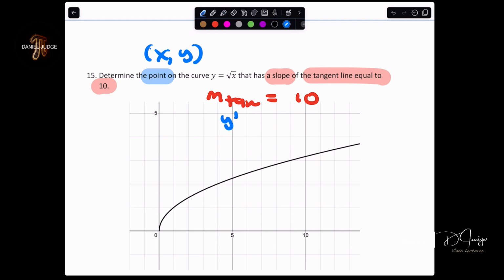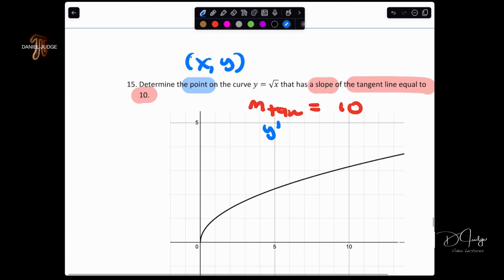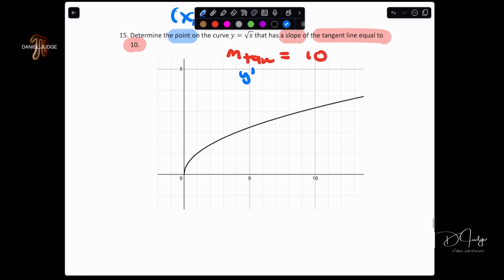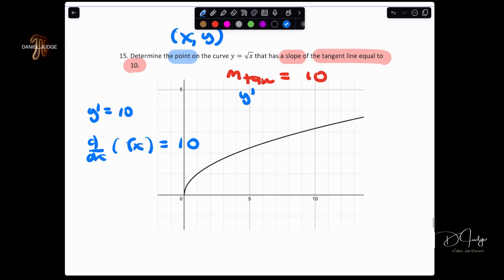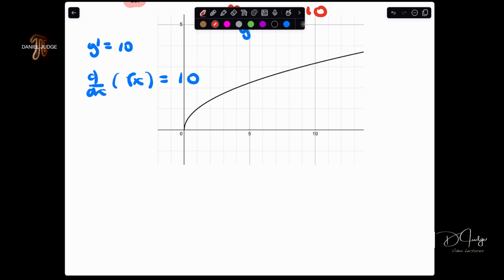Now, we don't know the point because that's what they're asking for. So we're going to have to set this derivative equal to 10. So let's differentiate the function y, and it has to equal 10. That's what they're saying. Find the location, the value of x and y, where the slope of the tangent line equals 10.